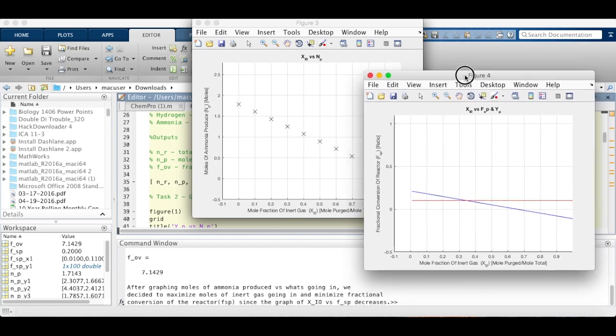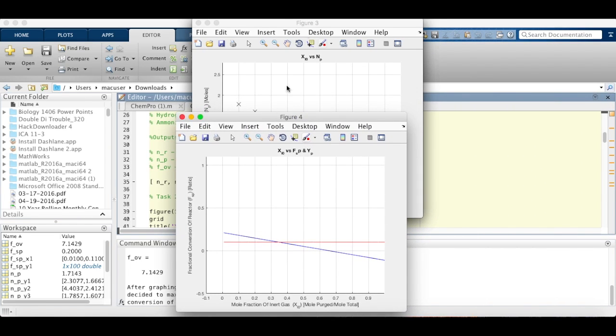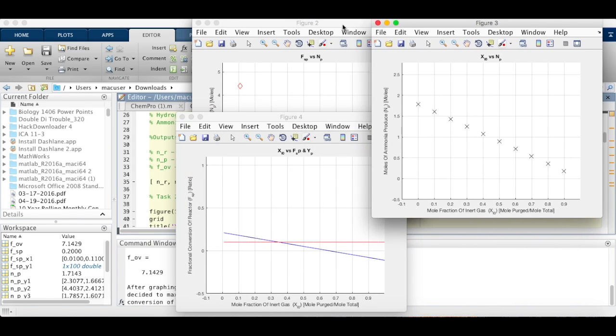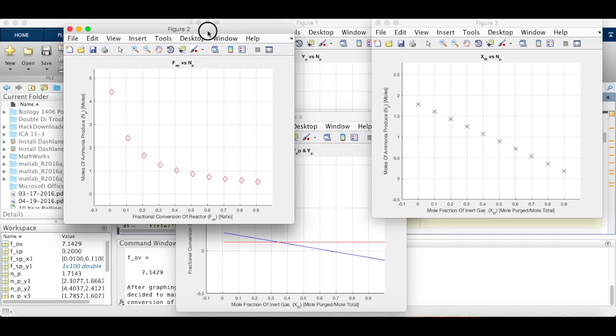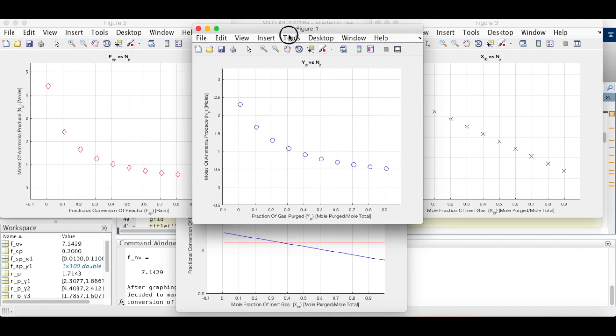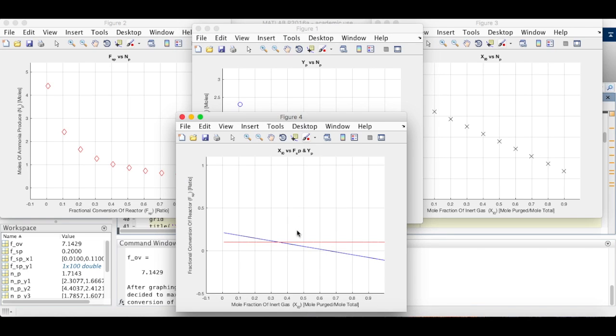And then for task 2, it was the 3 graphing problems. I graphed my first graph, figure 1, which was YP versus NP, FSP versus NP, and X initial naught versus NP. And since that wasn't enough to determine which one to optimize, I graphed this one, which was X initial naught versus FSP and YP.